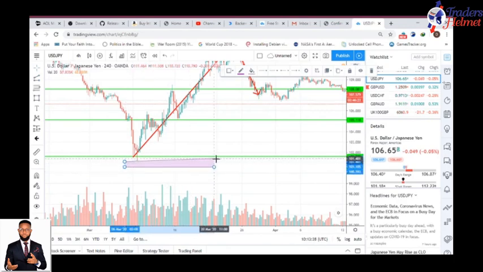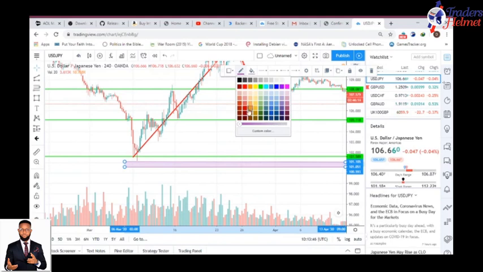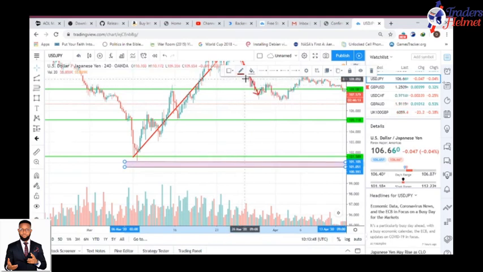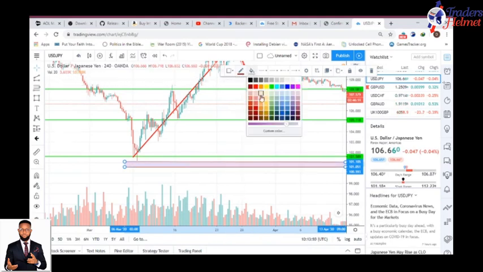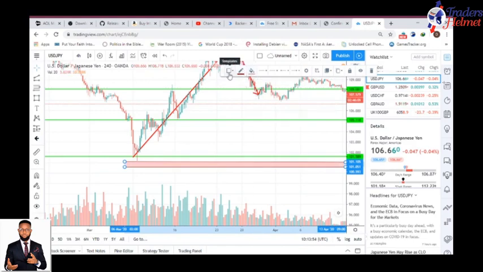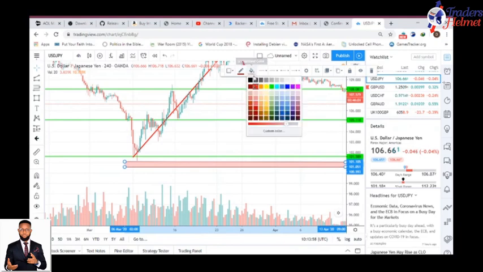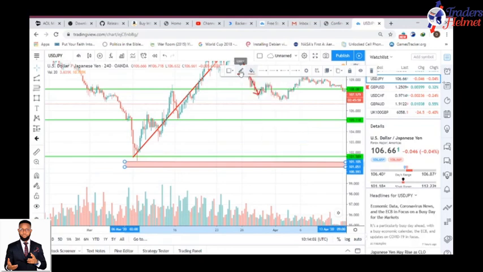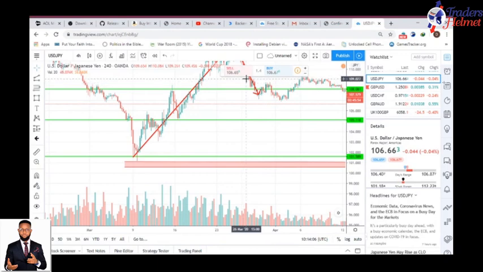So whenever you take a trade, always apply your stop loss. It is very, very important to always apply your stop loss below here.